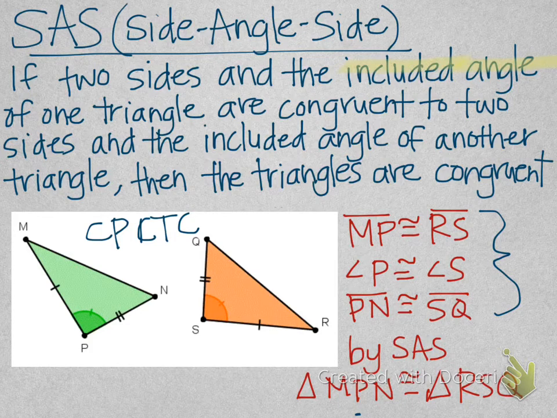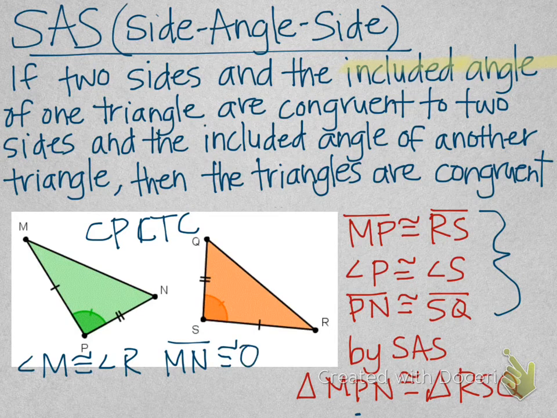That would include angle M being congruent to angle R. I could also say side MN is congruent to side QR. I want you to think about which angle would be congruent to angle N, and you're going to answer that in the quiz. Just use the congruence statement there.